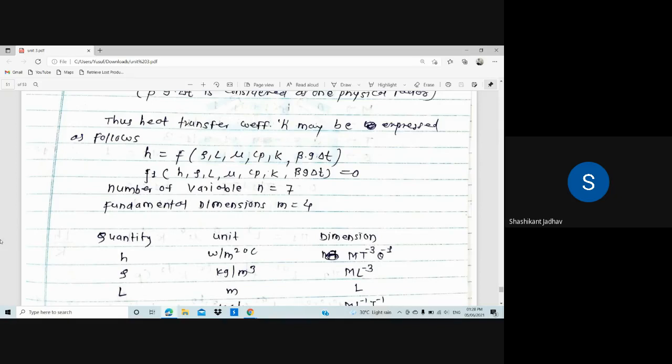So h is nothing but the heat transfer coefficient, which depends upon the variables. Okay, there are 6 variables on which h depends, so in total there are 7 variables.